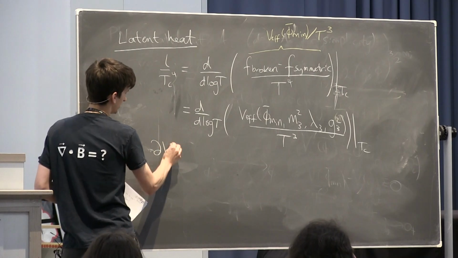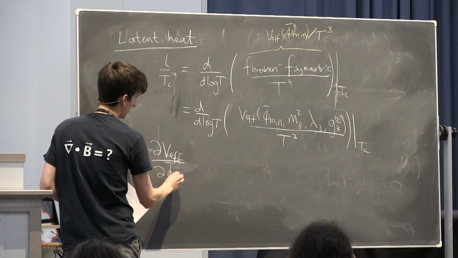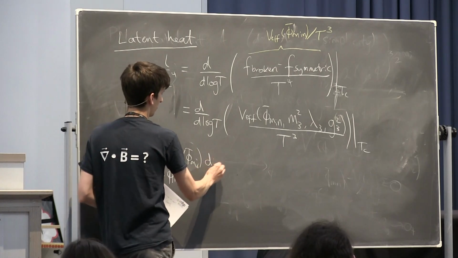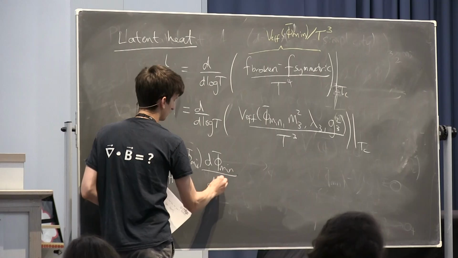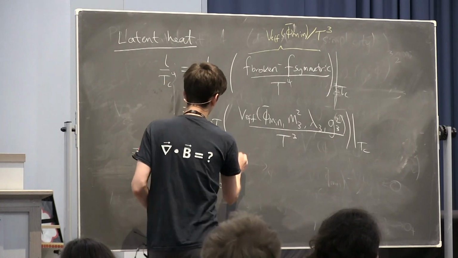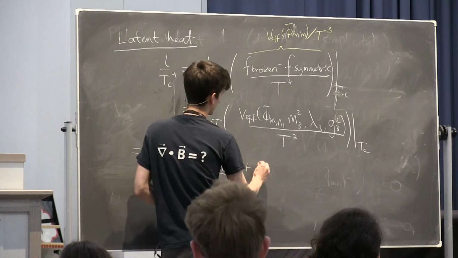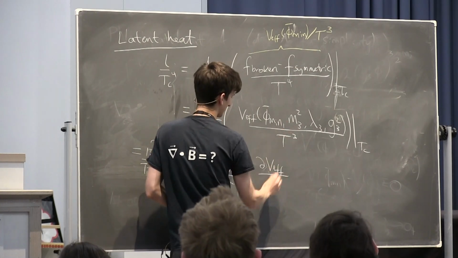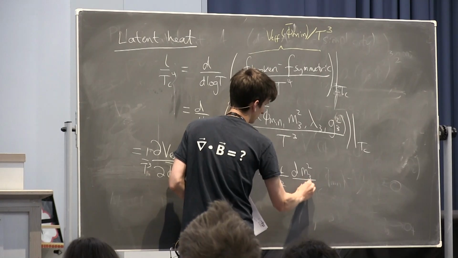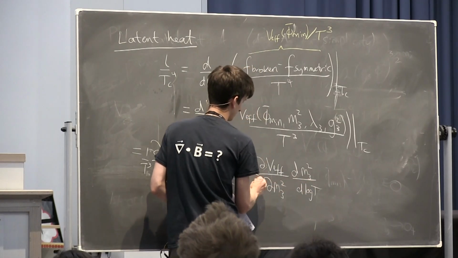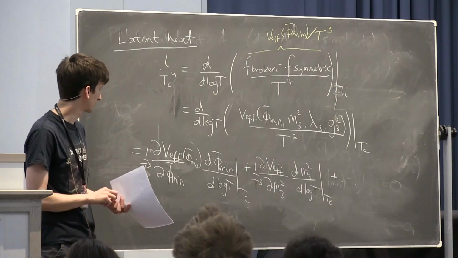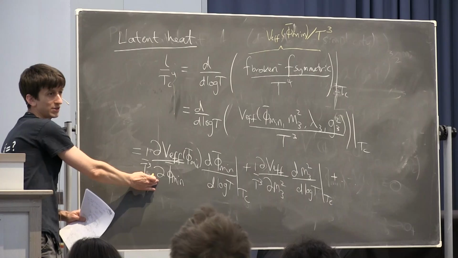So d phi bar min, at Tc, plus the derivative with respect to the mass, and then the temperature derivative of the mass, plus other terms. Now this term is 0 because it's a minimum.